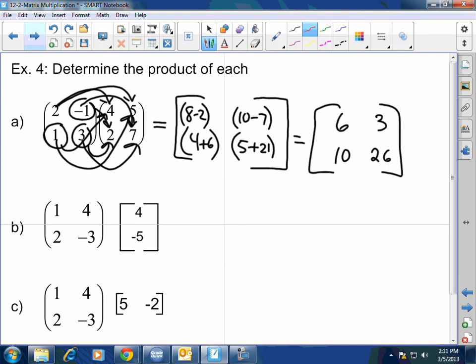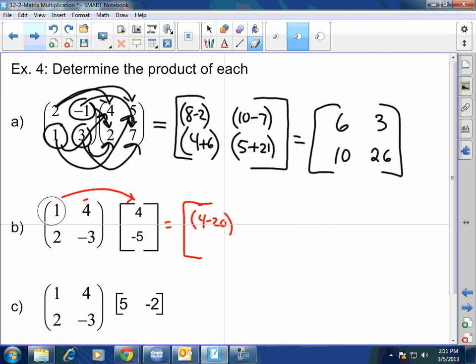This is a 2 by 2, and this is a 2 by 1. Can I do it? Yes. Absolutely. So check it out, guys. First value, 1 times 4, and then 4 times negative 5. That's my first value. You cool? I'm going to erase it so it doesn't get so confusing.